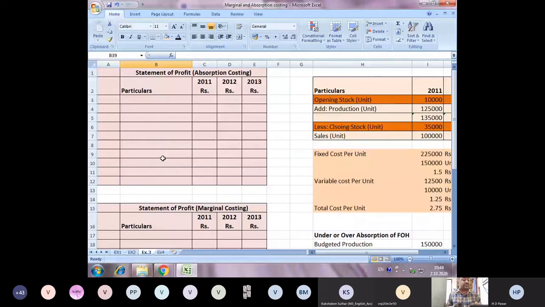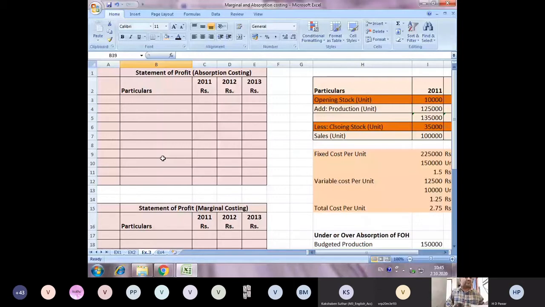Balance sheet as on 31st December 2010 was as follows: capital, retained earnings, other assets, and finished goods, given as 27,500. Apart from this, the stock of finished goods was 10,000 units, and the marginal cost is 12,500, and 15,000 is fixed cost.